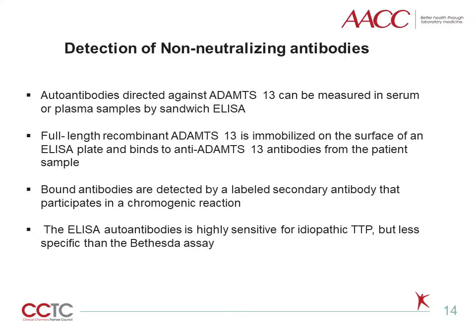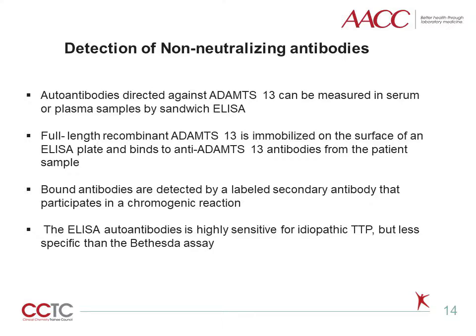The non-neutralizing autoantibodies directed against ADAMTS13 can be measured in serum or plasma samples by sandwich ELISA. A full-length recombinant ADAMTS13 is immobilized on the surface of an ELISA plate and binds to anti-ADAMTS13 antibodies from the patient sample.